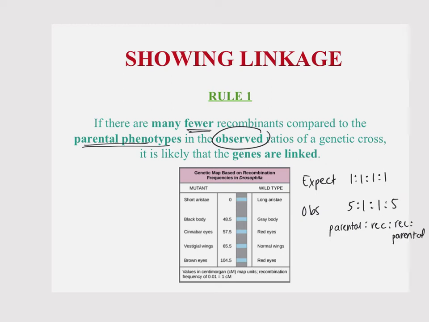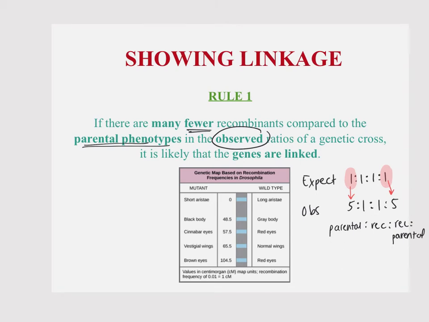Okay, and that's very visible in this example, because as you can see, we expect a 1:1:1:1 ratio, but actually in our parents, we saw that there were 5 of those offspring produced. So 10 out of 12 of the offspring were the parental type, or we expect 10 out of 12 offspring to be the parental phenotype.